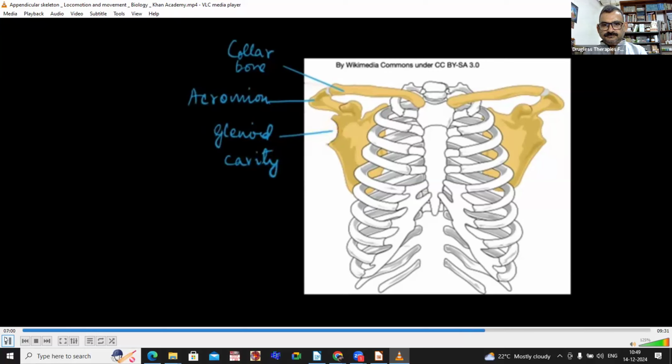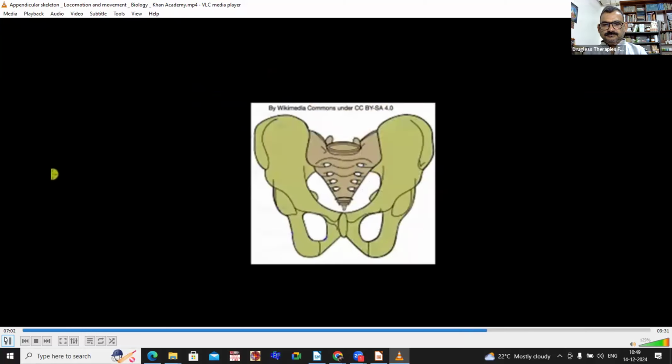Now let's move on to the pelvic girdle, the details of it. As I told you earlier, the pelvic girdle has only one bone on each side. This whole bone is called the hip bone, or the coxal bone. The hip bone originally had 3 bones which got fused. It has 3 parts which are fused to each other.